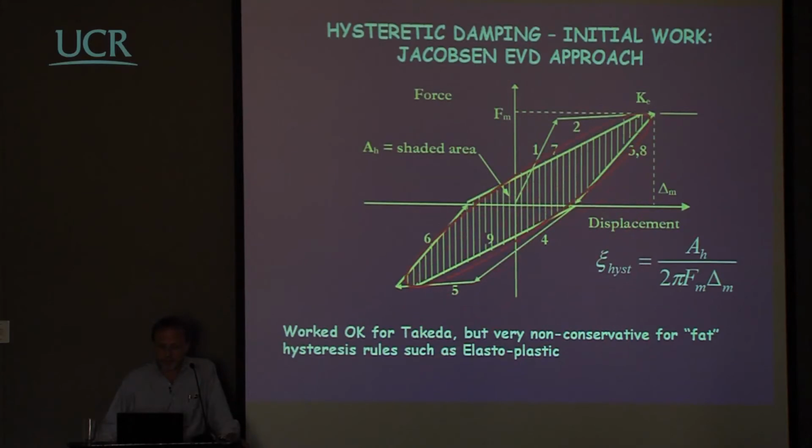Well, if you look at the problem, this is what you normally do with viscous damping. When you use viscous damping, a larger viscous damping means that instead of having a structure that is responding linearly, you have a structure which is responding along a kind of ellipse.